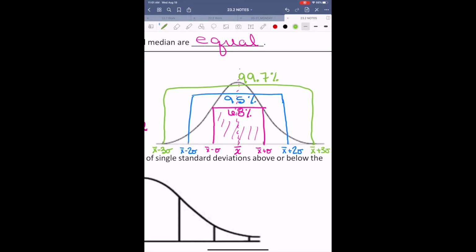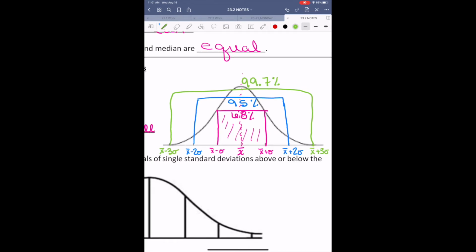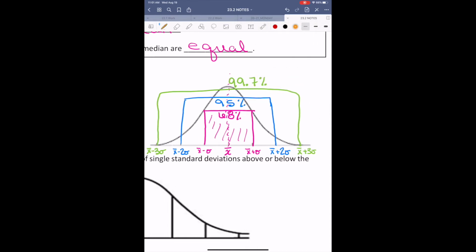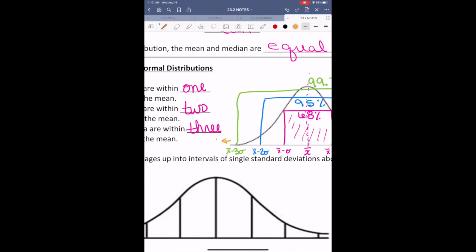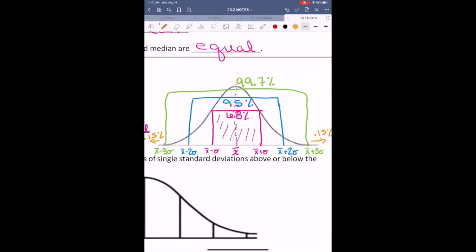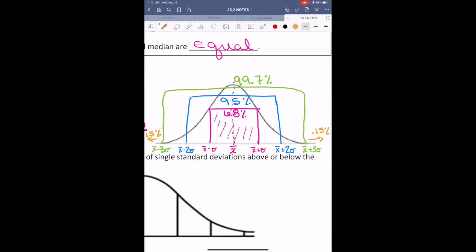Okay, that means that beyond 3 standard deviations, and because our data is symmetric, we have 0.3% left over, right? So that means that this tail over here is 0.15%, and this tail over here is your other 0.15%. So when you add it all up, it makes up 100% of the data, okay?